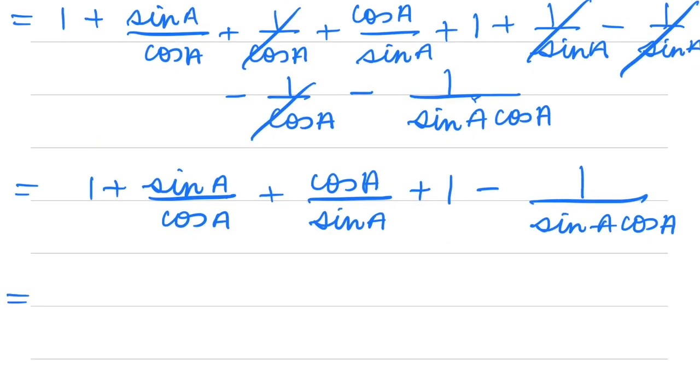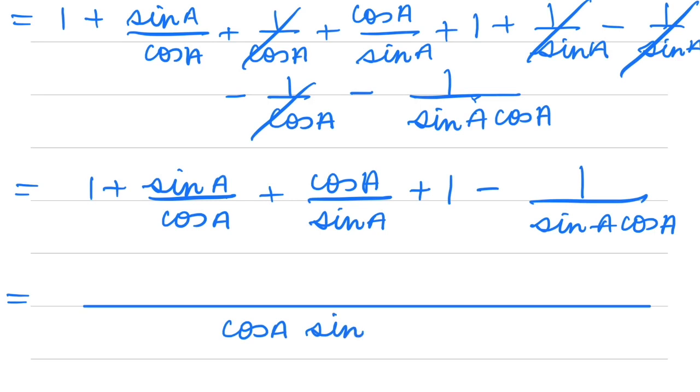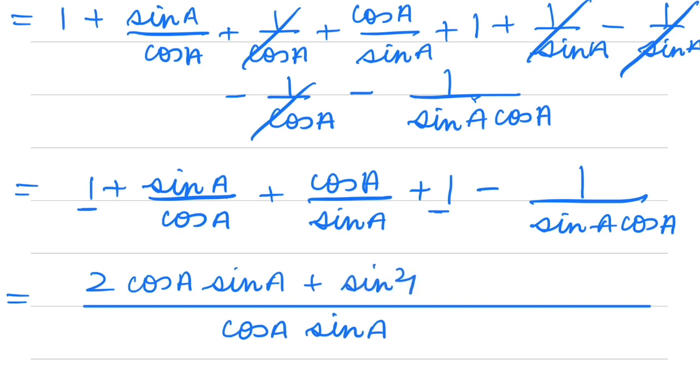So we get the LCM as cos a sin a, and here we have 2 cos a sin a. This and this will be added, plus sin square a plus cos square a minus 1.